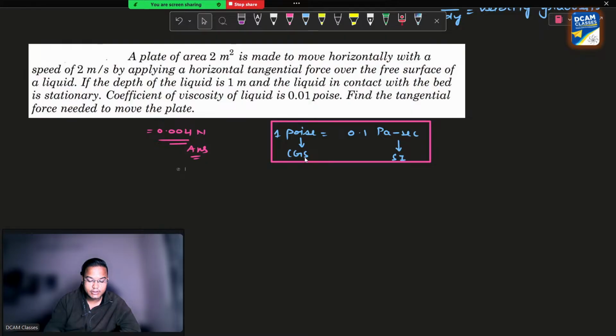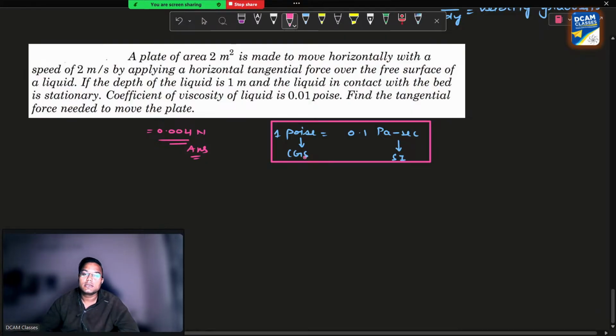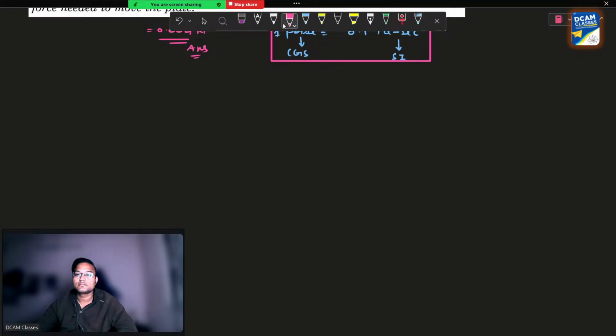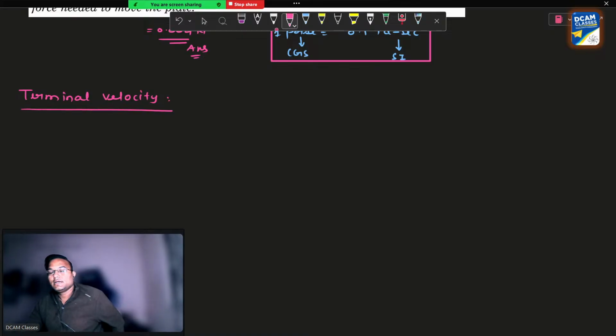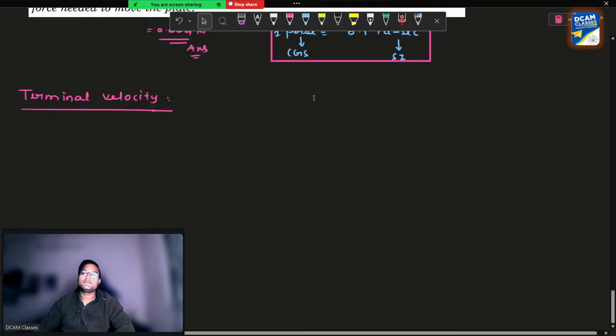The next concept is terminal velocity. Whenever anything falls to the ground from a very great height, it moves a very long distance.